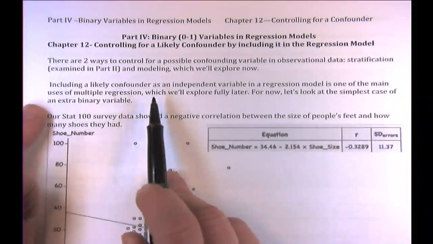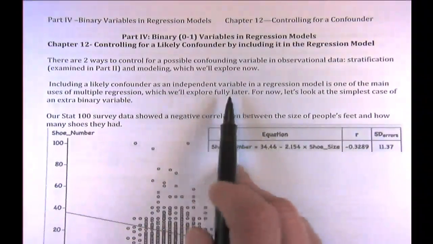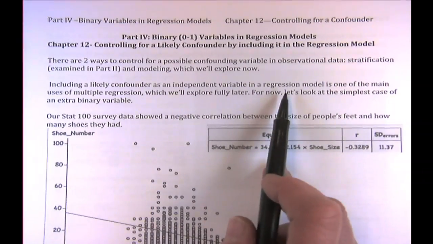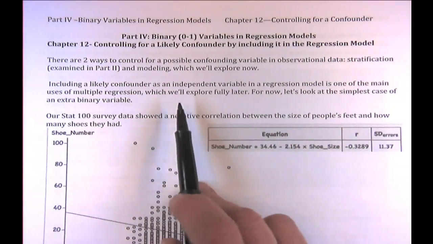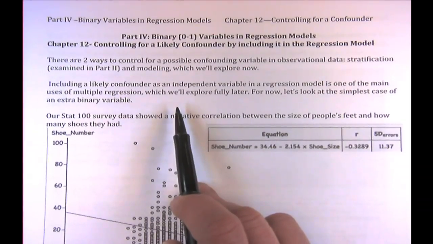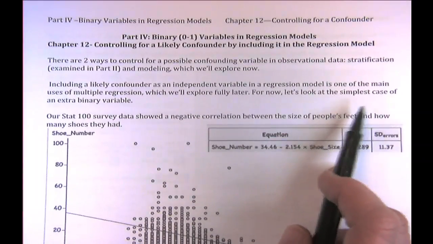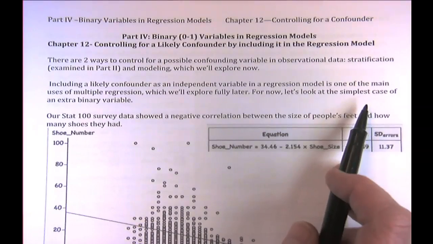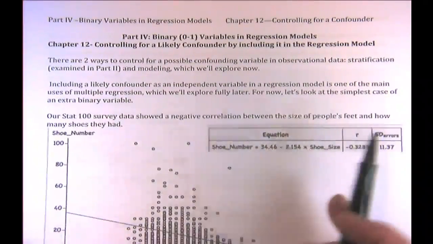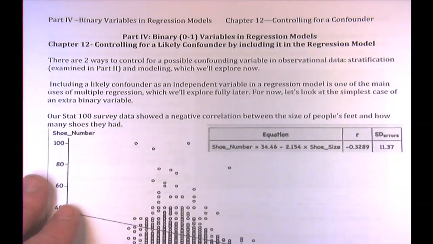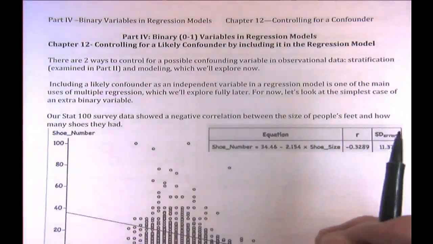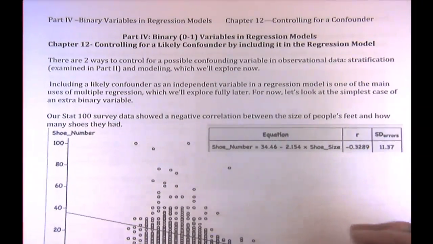So including a likely confounder as an independent variable in a regression model is one of the main uses of multiple regression. And now we're going to look at the simplest case of adding a binary variable to a simple regression model where you have a quantitative X predicting a quantitative Y.